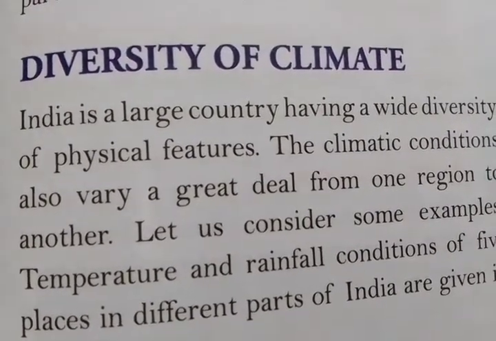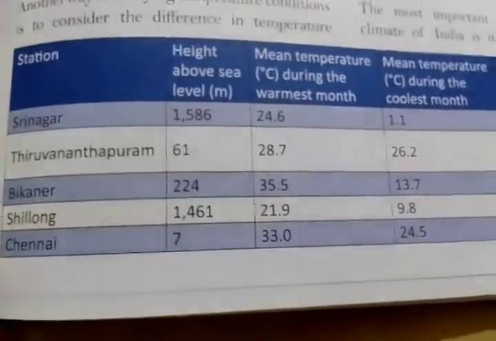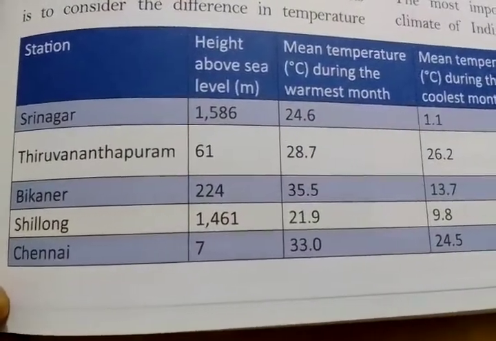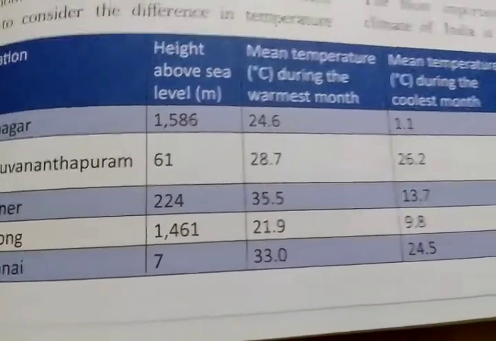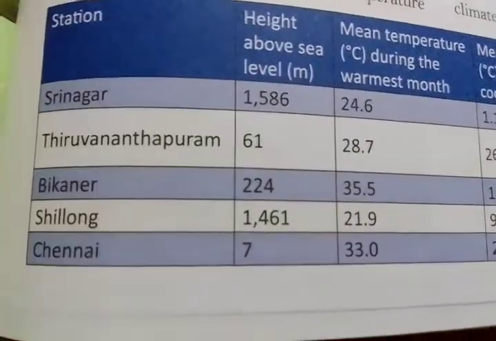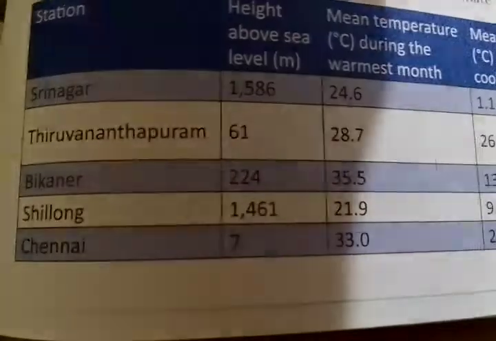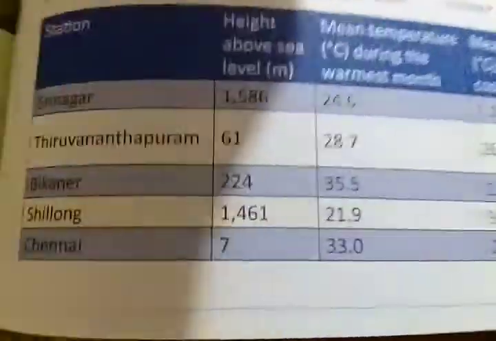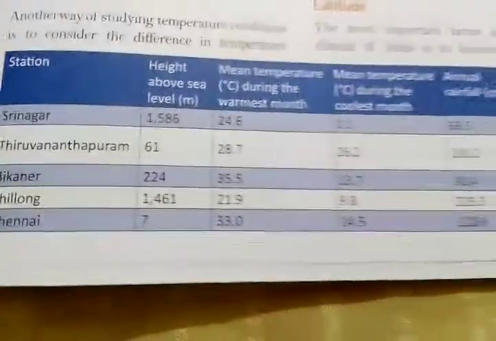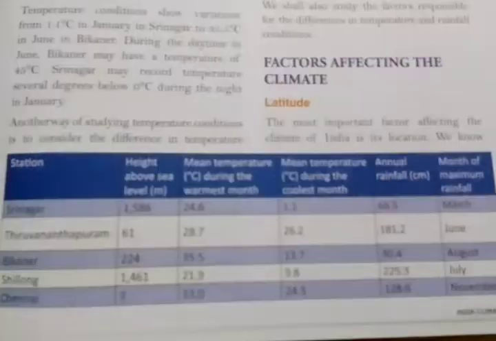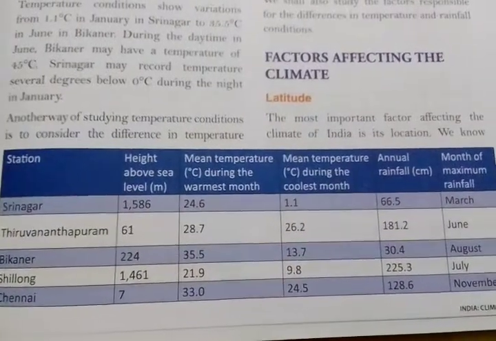Here in the given table, there are some examples of temperature and rainfall conditions of 5 places in different parts of India. And you can see through this table that there is a variation of temperature and annual rainfall between different places.